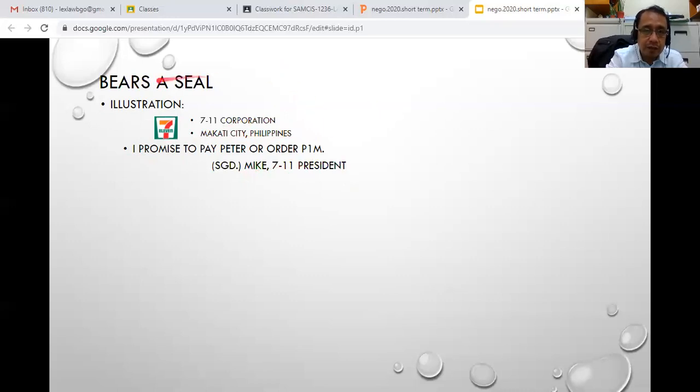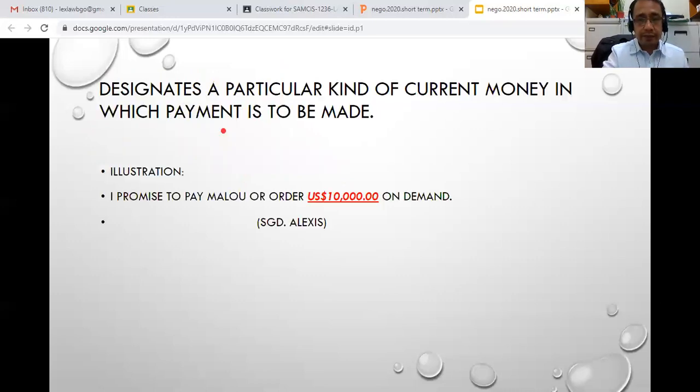Now, in this particular situation, even if this promissory note bears this letterhead of 7-Eleven, the instrument is still considered a negotiable instrument. Okay? But in the olden times, if the instrument has a seal, the instrument is considered non-negotiable. Okay? So that was in the olden times.